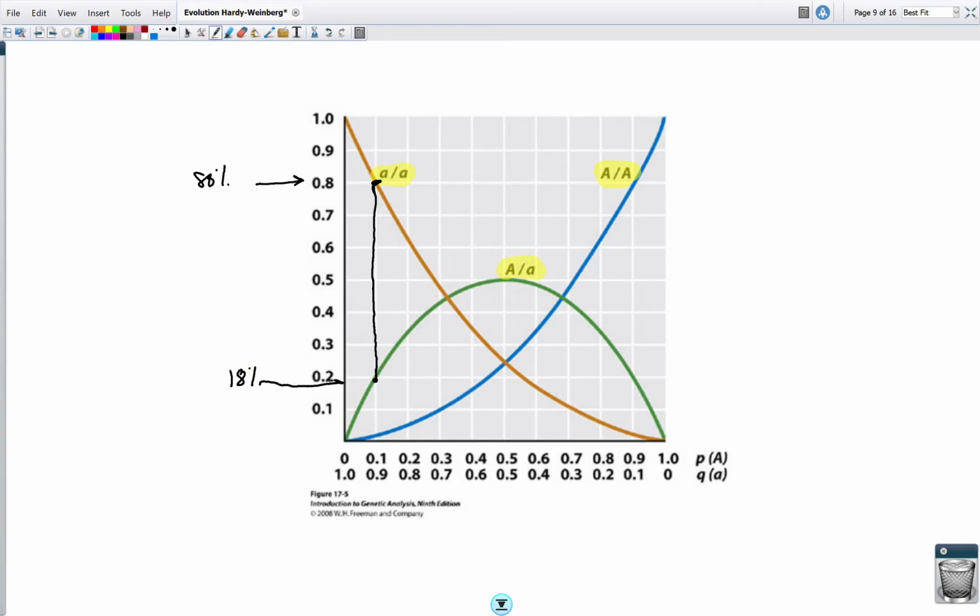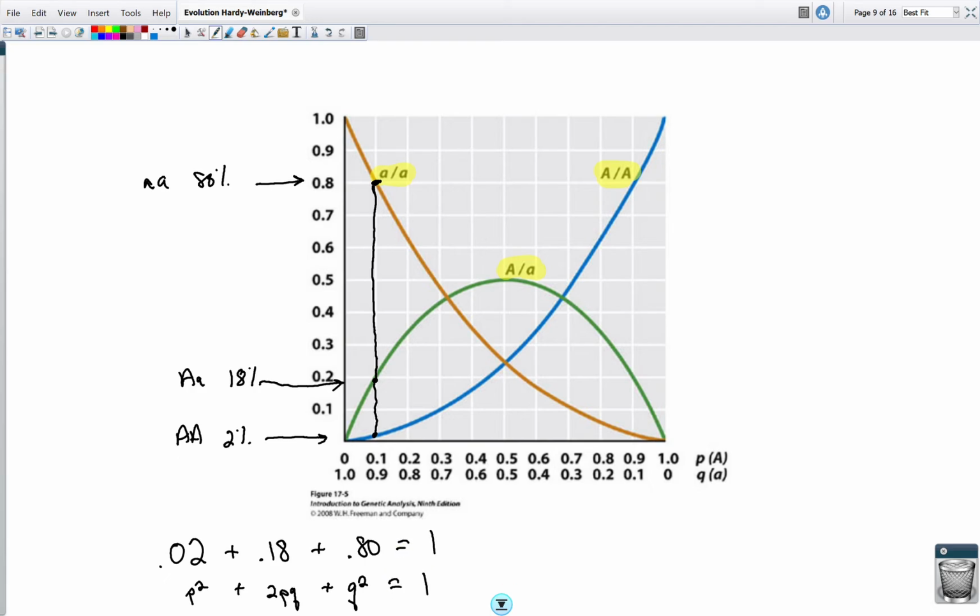And I follow this down to the blue line, and I say that my dominant individuals make up 2% of the population. If I add up 2%, which is 0.02, plus 18%, which is 0.18, plus 80%, which is 0.80, this is p squared, this is 2pq, and this is q squared. Guess what they equal?